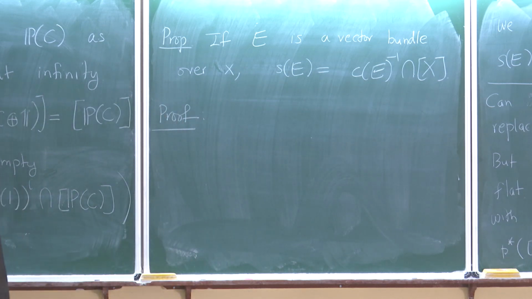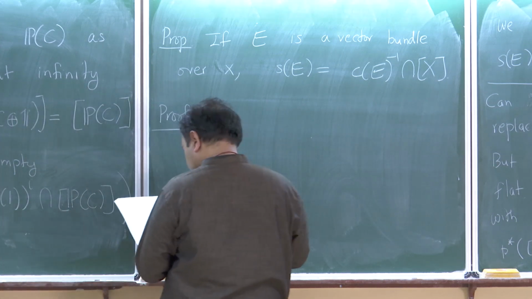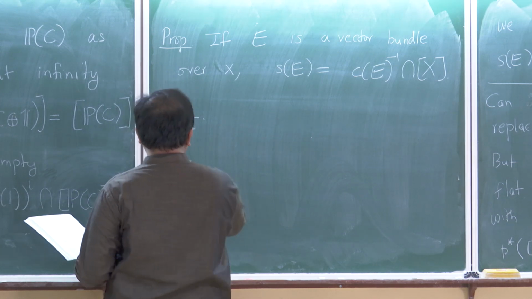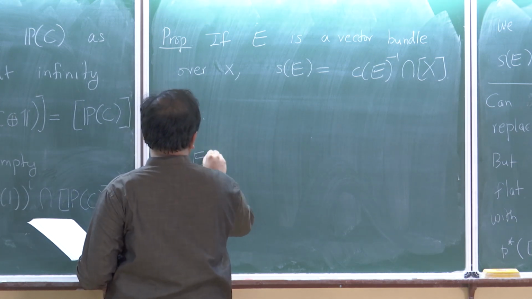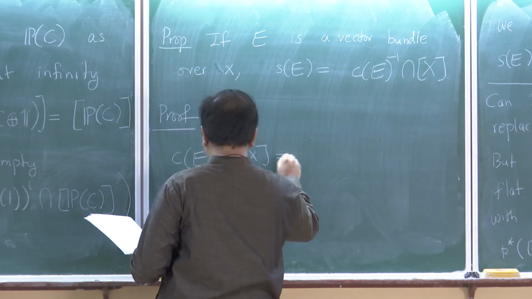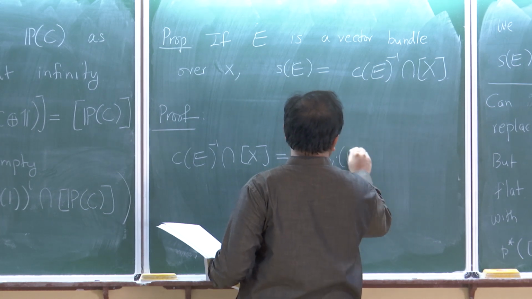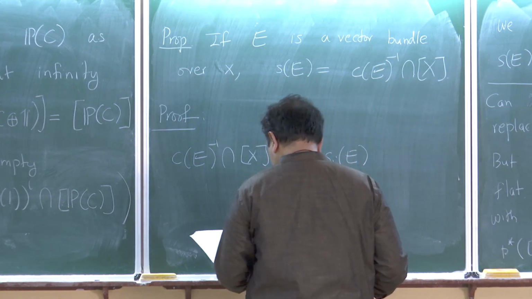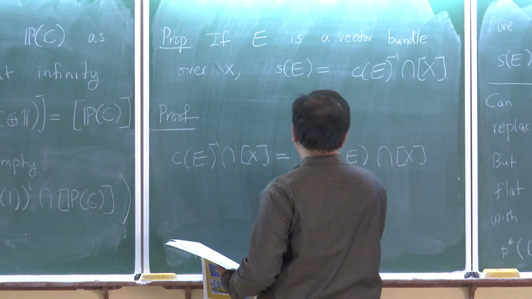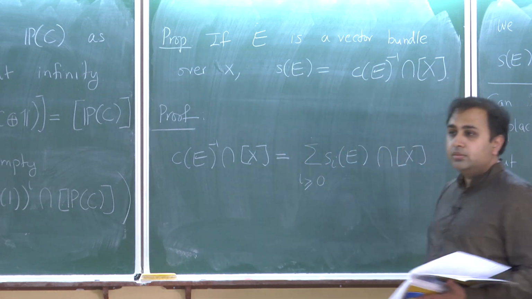I have essentially said what needs to be said here. CE inverse capped with X is equal to the summation of SI of E capped with X for I greater than or equal to 0.